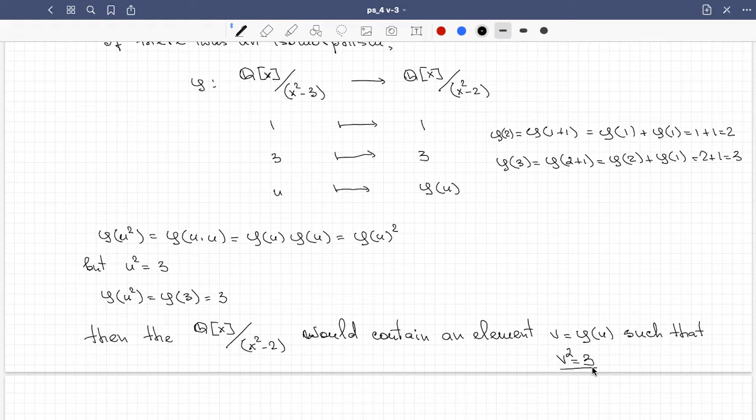Phi of u squared is the same as phi of u taken squared, and this is 3. So phi of u squared is 3, so there must be such an element.